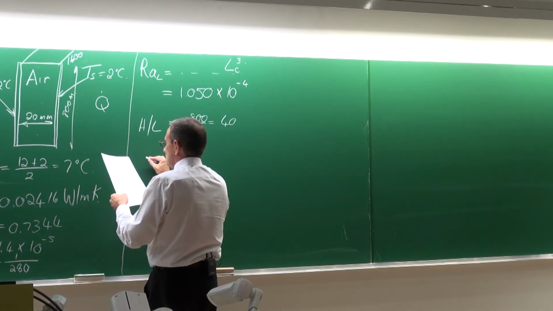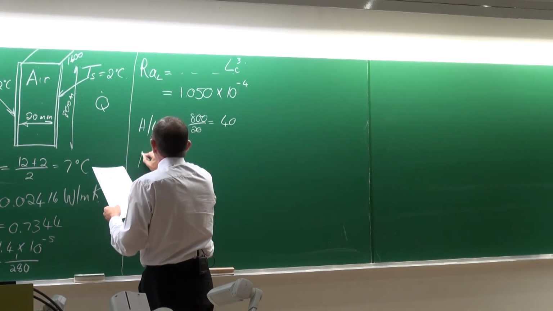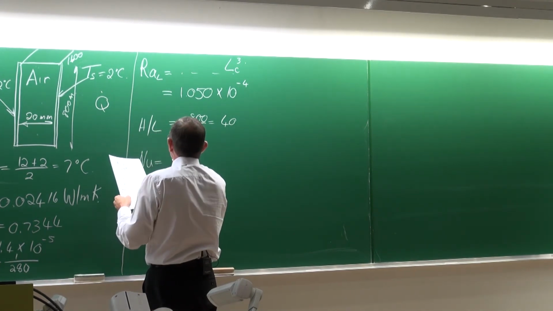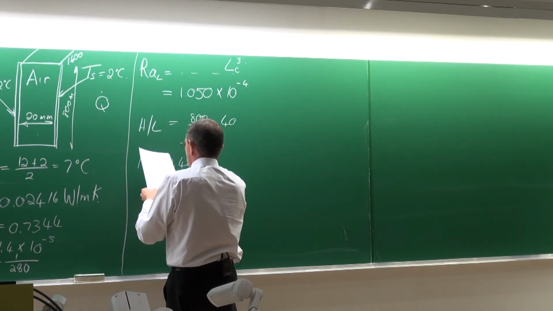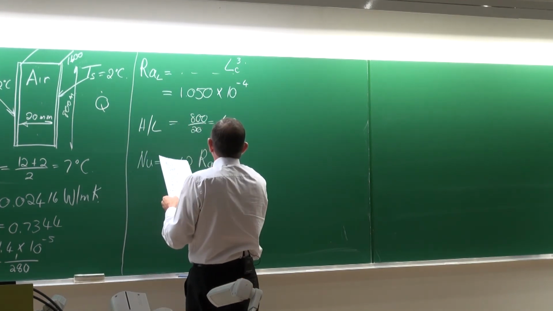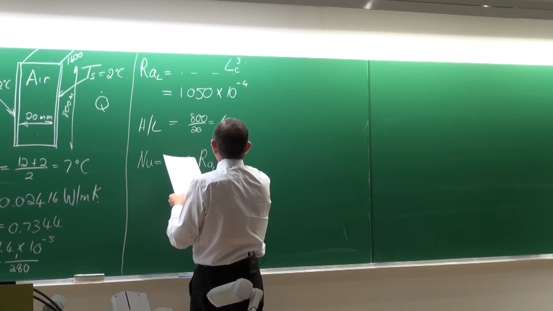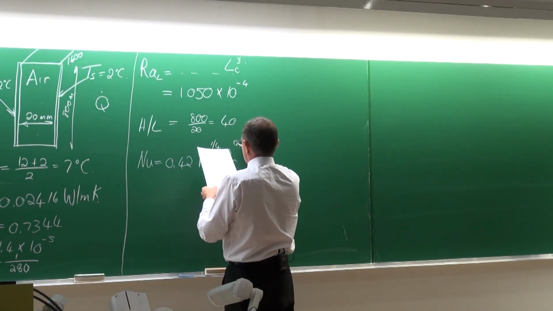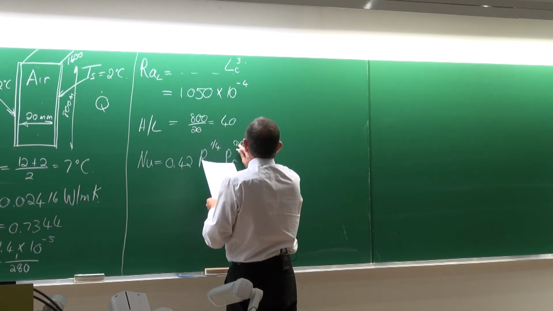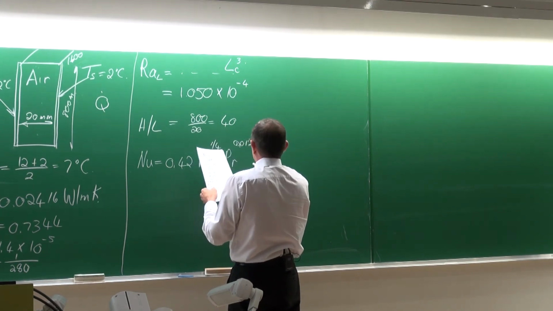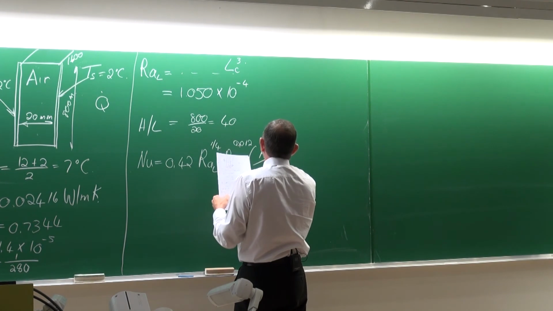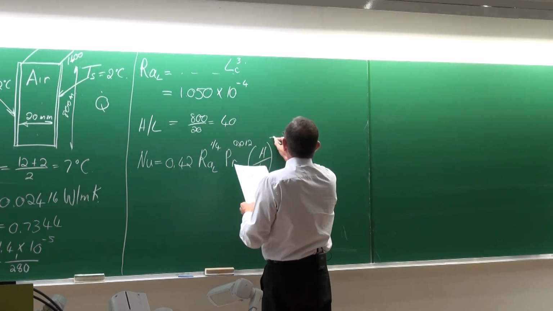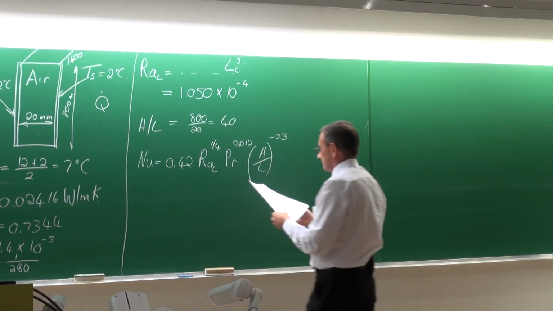And then you're going to use equation 9.54 that gives the Nusselt number is equal to 0.42, Rayleigh based on the length to a quarter, Prandtl to the 0.012 multiplied by the aspect ratio, H divided by L, to the minus 0.3.